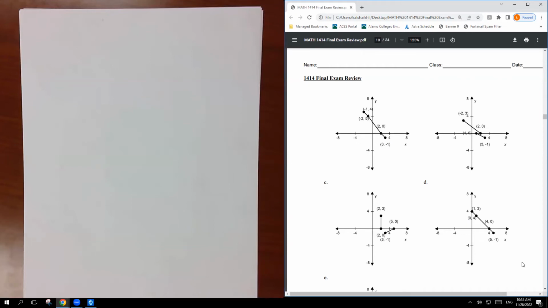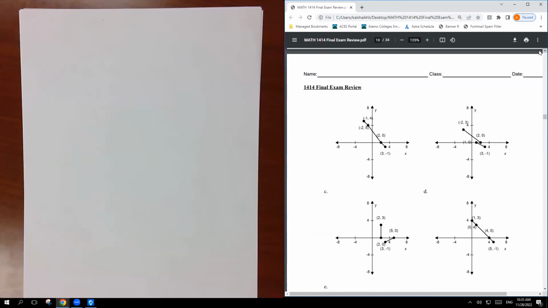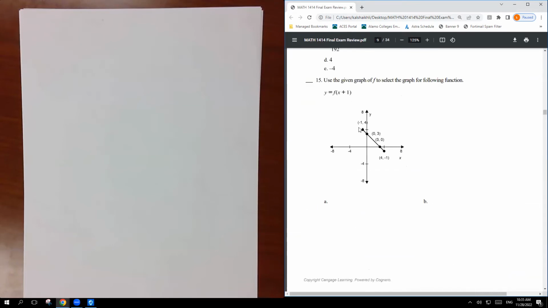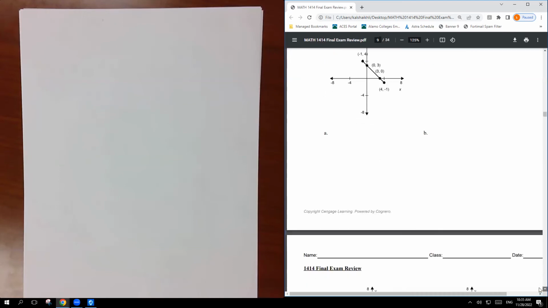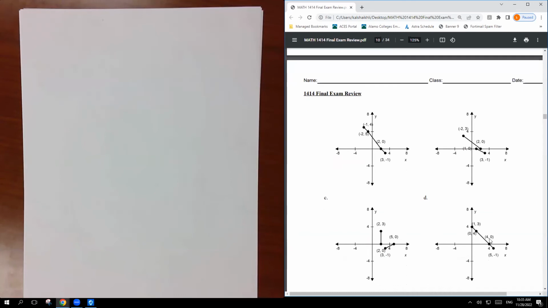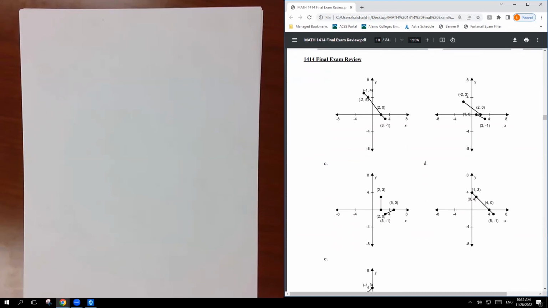So the change from -1, 4 became 0, 4, and 0, 3 became 1, 3. So the next point is 1, 3, which is this one. Then 4, 0, and 5, -1. So we're going to choose this one. That's it for this example.